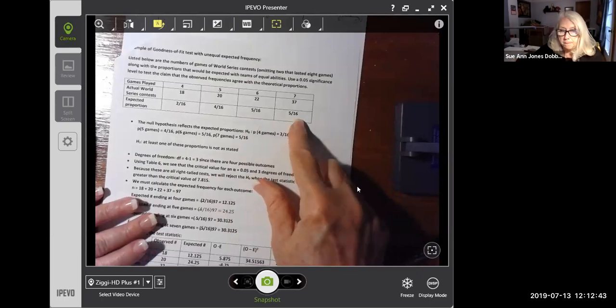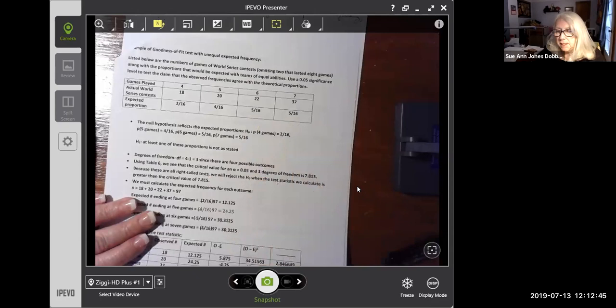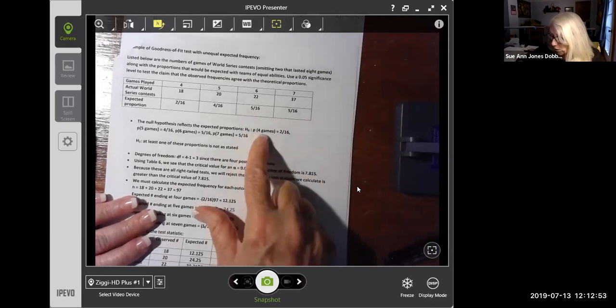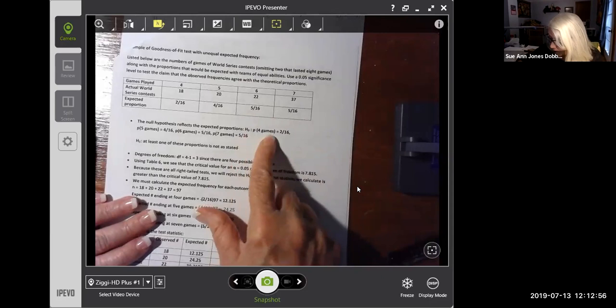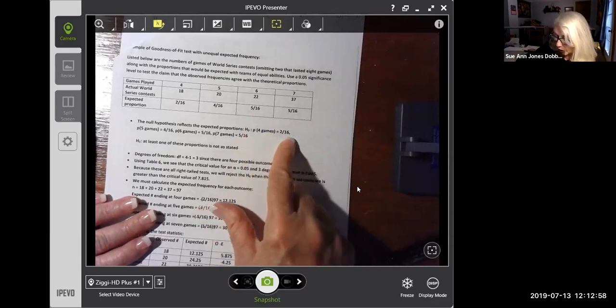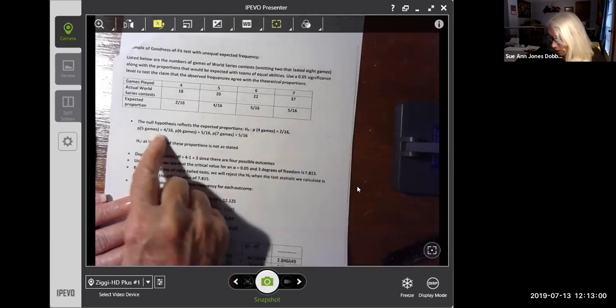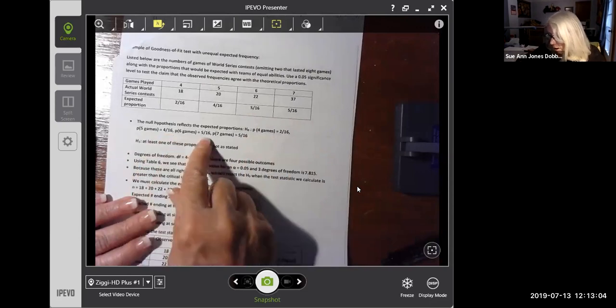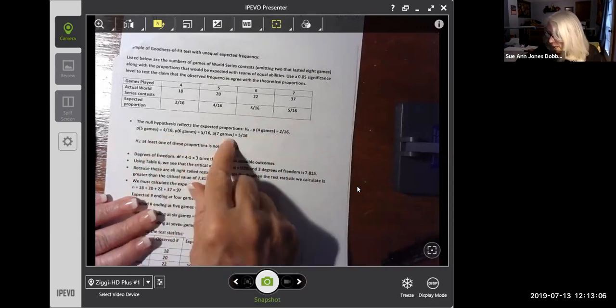So the null hypothesis must reflect those expected proportions. So in this case, the null hypothesis is: proportion that ends in 4 games equals 2/16, proportion in 5 games equals 4/16, proportion in 6 games equals 5/16, proportion in 7 games equals 5/16.